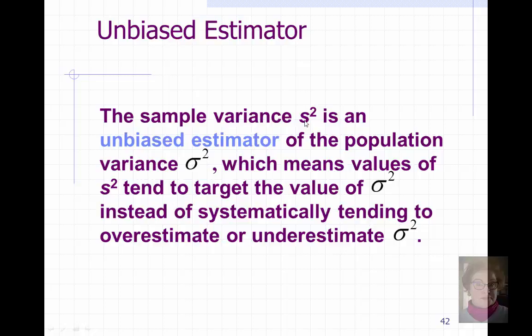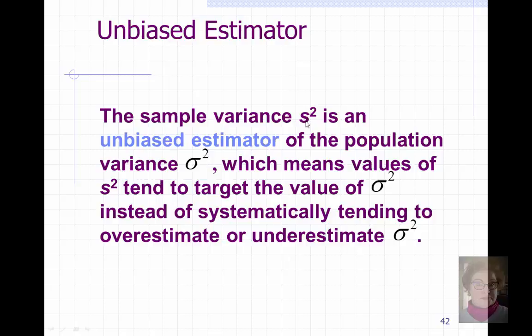So we use the sample variance or the sample standard deviation to estimate the population variance or the population standard deviation. Unbiased estimators tend to target the value that we're interested in. A biased estimator would systematically over or underestimate the value that we're interested in.